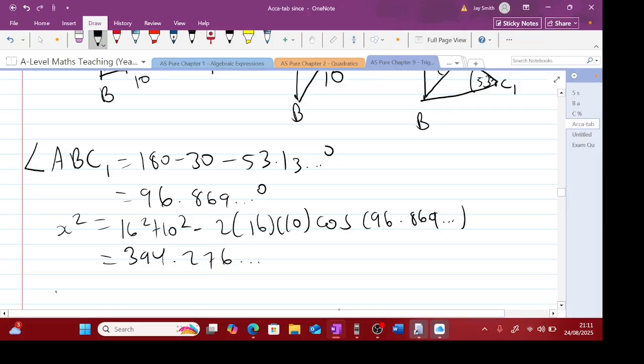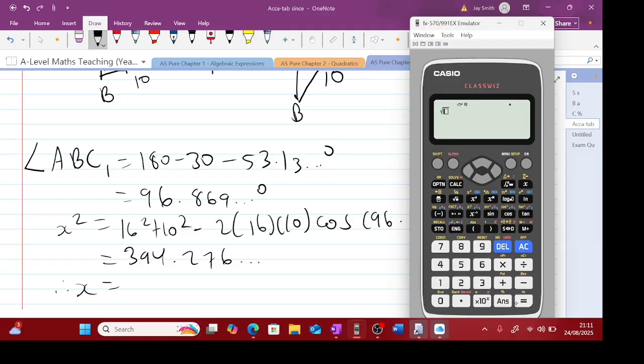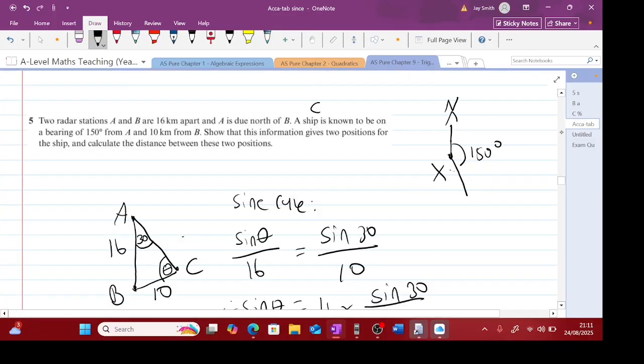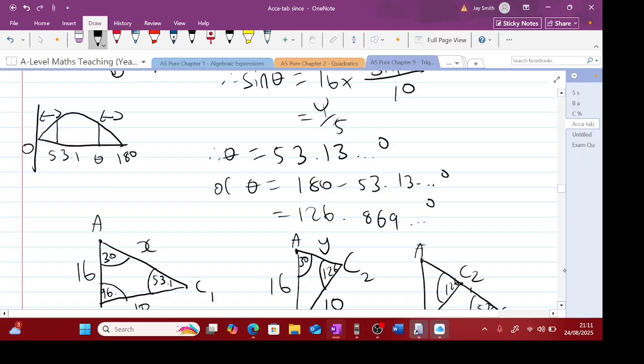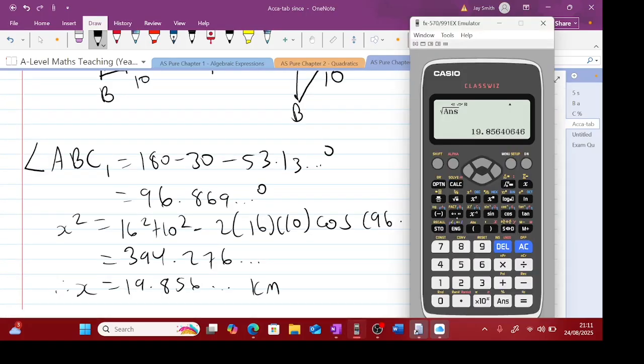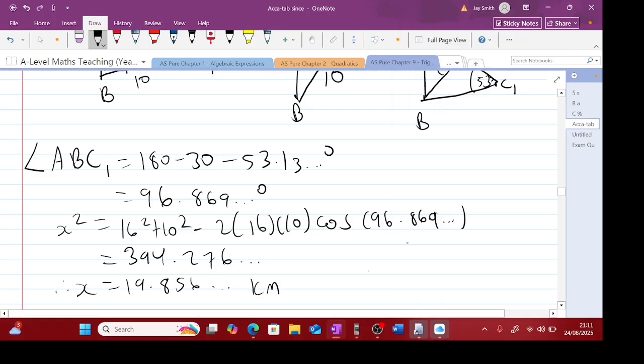Therefore, x, square root it, I get 19.856. Kilometers. So I can store that as, say, the next letter B. There we are.